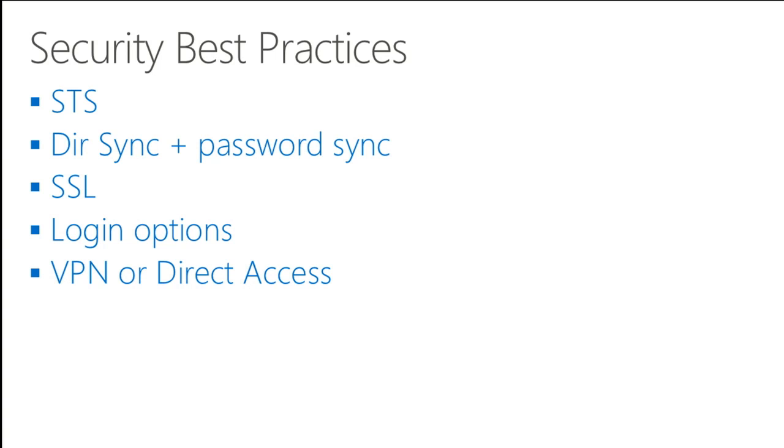SSL is highly recommended. Otherwise, your OAuth token will be sent in the clear. So you definitely want to set up your SSL. Login options, we kind of talked about that. But VPN or direct access: if you're online and you get a result back in your online search that links you back to on-premises content, it's absolutely required that there has to be some way to get there.